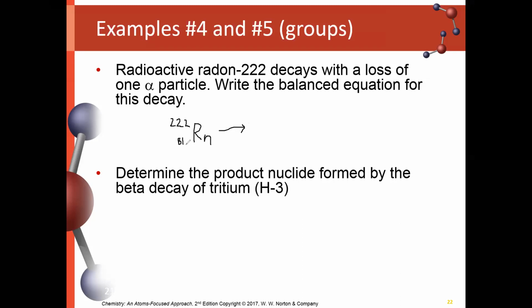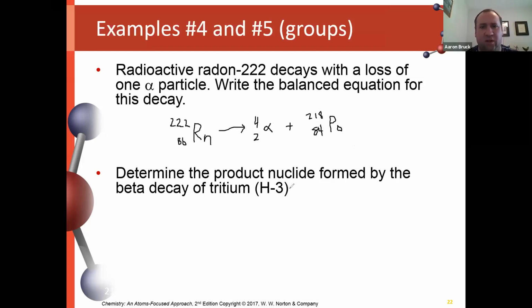Rn is 86, right? Yes. And so then you put the alpha particle 4 and the 2. So therefore it will be 218 and then 84. And that would be Po, polonium. Correct. Okay, so far so good.